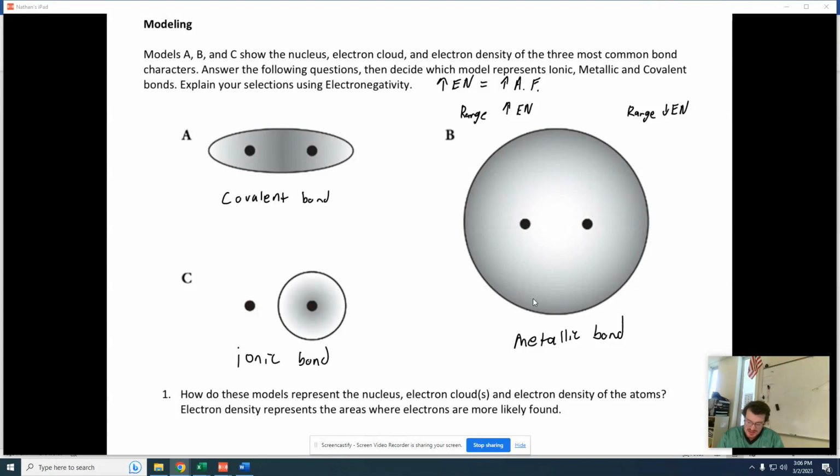And what we should have seen is that both of these were from like 0.5, because remember 0.7 is the lowest one, all the way up to 2.0. And then the range for our low electronegative atom would have actually been the same, from 0.5 all the way up to 2.0, somewhere in there.